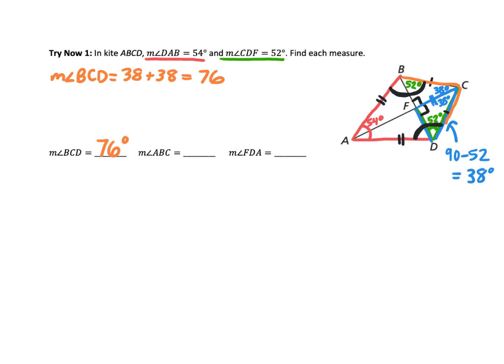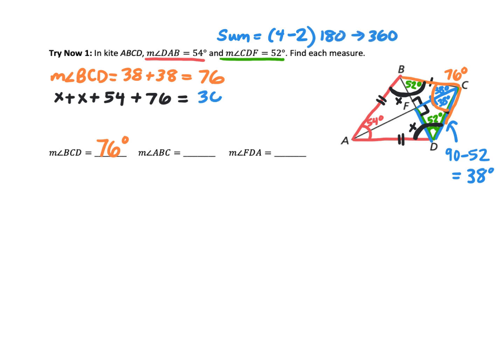So if I look at those two angles that I just marked in black, and I put the x and the x, and then I add it with the 54 that I know, so I'm looking at my big kite, 54 degrees, and then we just found this angle right here was the 76 degrees, so I can add that. We know that in a kite, which is a four-sided polygon, the sum of the angles is going to be n minus 2, so 4 minus 2 times 180. Well, 2 times 180 is 360, so our angles have to add to 360.